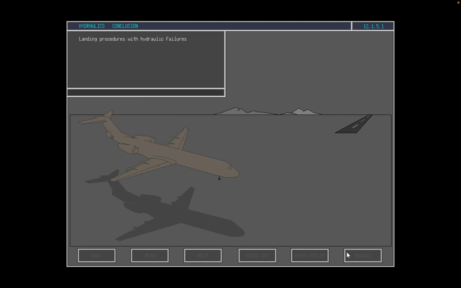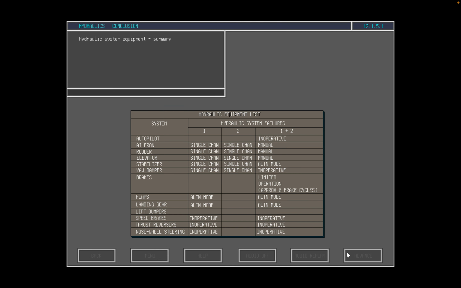Landing procedures in the event of a System 1, System 2, or total system failure have been illustrated. Further discussion of alternate landing gear operation and alternate flap operation can be found in the relevant modules. In conclusion, the following chart summarizes the subsystems affected by hydraulic system failures and details actions required.